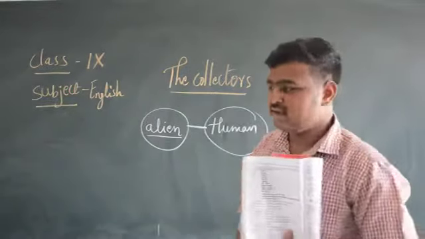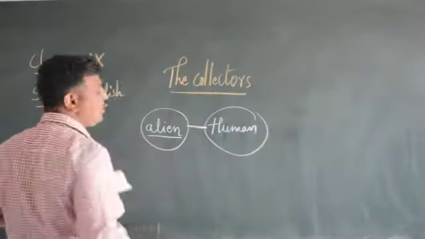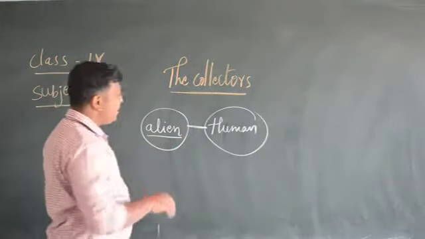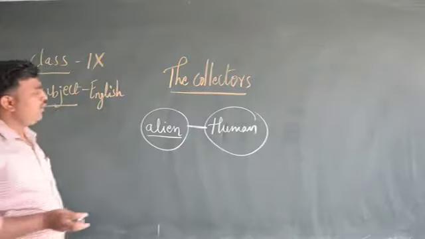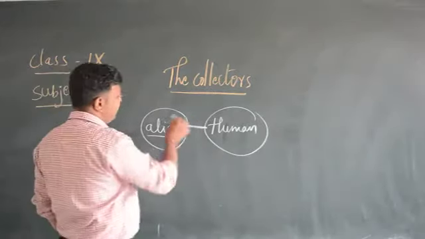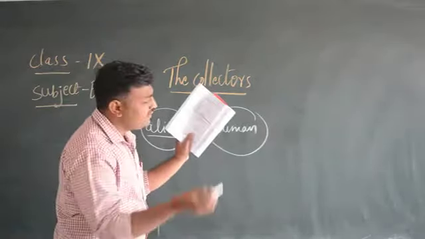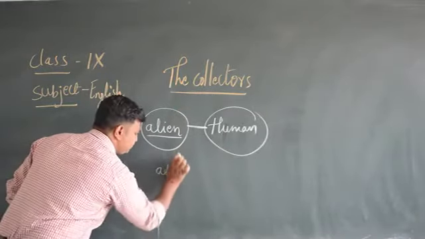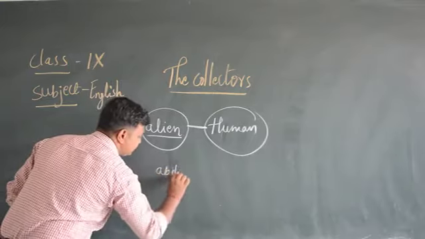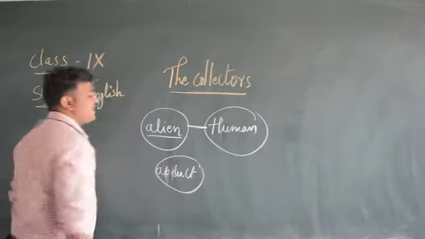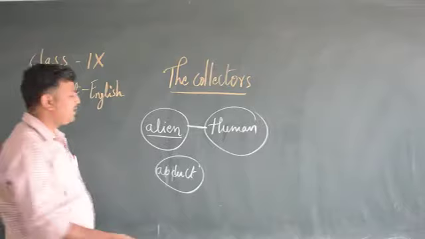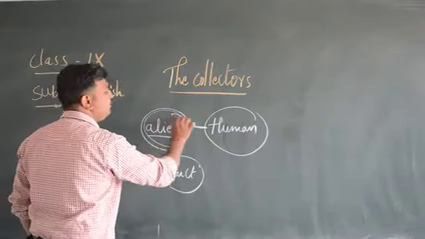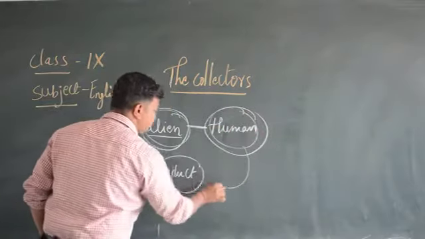We do not know about the collectors now, but by the end of the lesson we will know. According to this statement, they abduct, which means take somebody away without permission. This story is about aliens who will take away humans without permission.